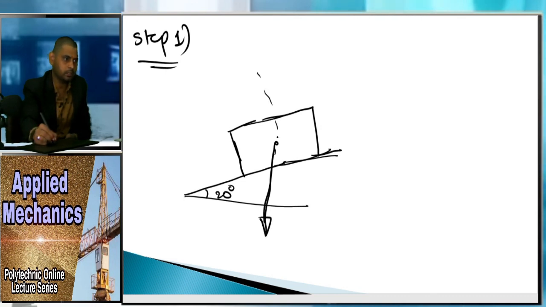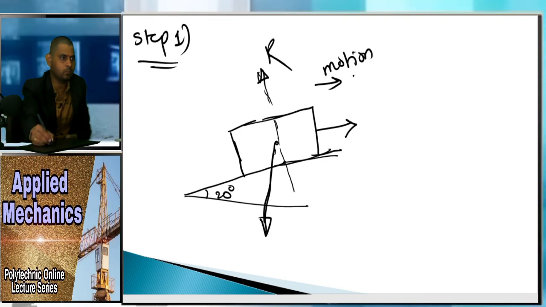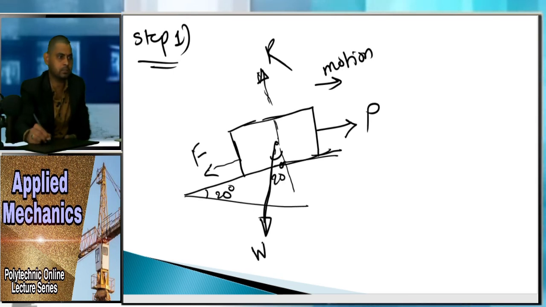Here on the y-axis you have a normal reaction R, right? And you have a force towards this side. The motion of the body is towards this side, so here is your P and here is your friction F. So here is a similar angle 20, this is W. So this is your free body diagram.